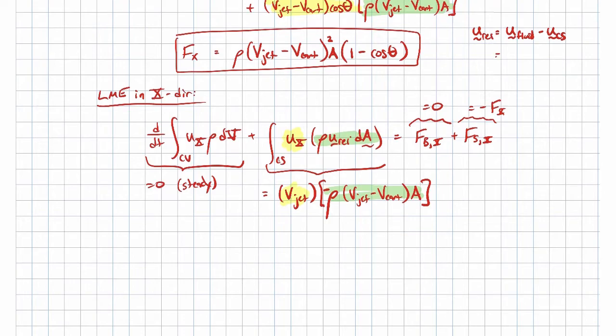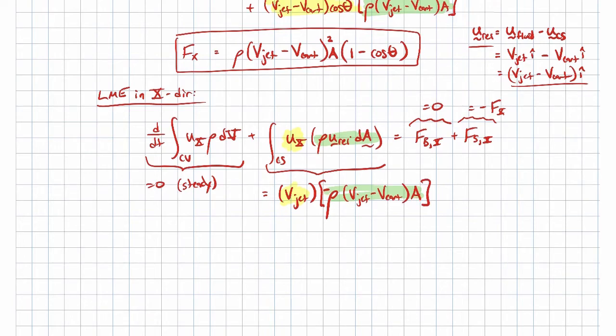Well, the velocity of fluid in this case is v jet in the i-hat direction, and the velocity of the control surface is v cart because it's moving off to the right-hand side and using our coordinate system. So this is just v jet minus v cart in the i-hat direction. So that's why we still have a v jet minus v cart here. Of course, the area vector is still A in the minus i-hat direction.